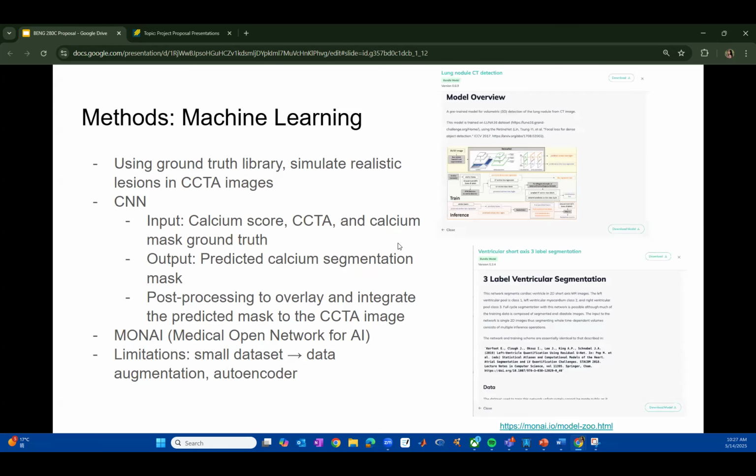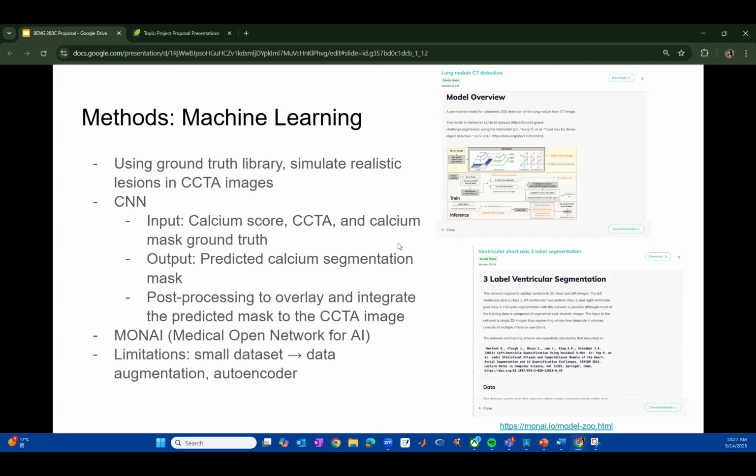And then finally, to simulate realistic lesions in the CCTA images, we will use our ground truth library with correct mapping to train a model that learns the relationship between calcium score and lesion appearance. So given a desired calcium score, the model will generate an anatomically plausible calcium mask. So we're planning to use a convolutional neural network, such as a UNet, that will input the calcium score, the CCTA image, and the calcium mask as ground truth.